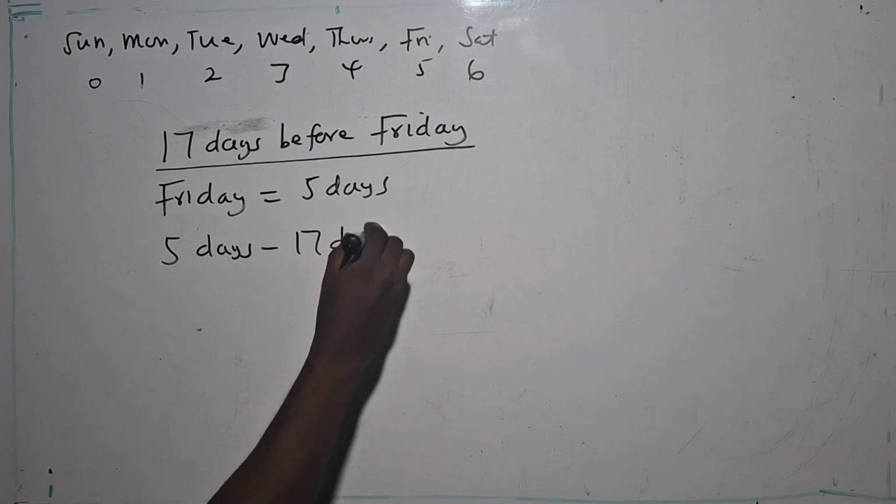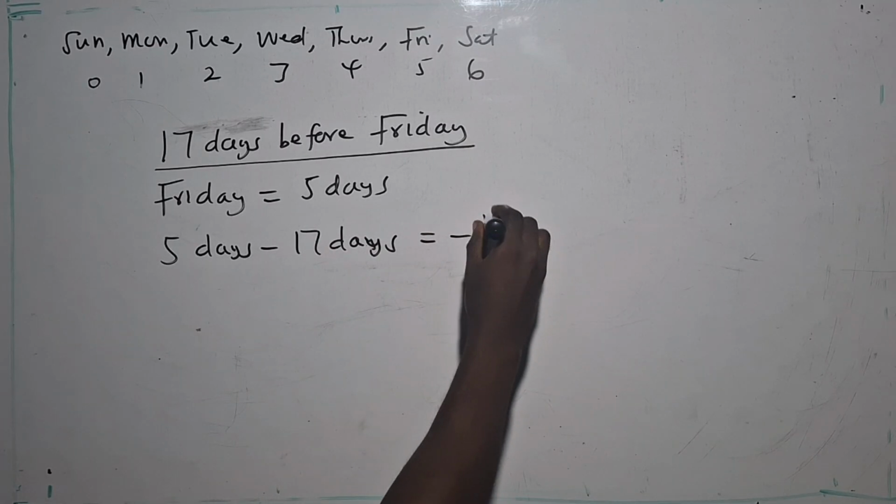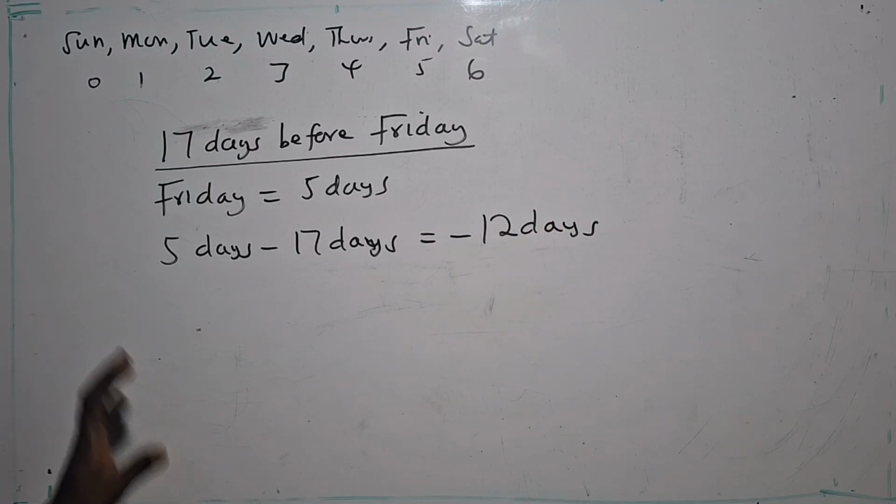minus 17 days, which is equal to negative 12 days. And in modulo, we don't need negative answers. So we add repeatedly till we get the first positive number which is less than the mode we are using. Because we are working with the days of the week, I repeat, we are going to be guided by 7.